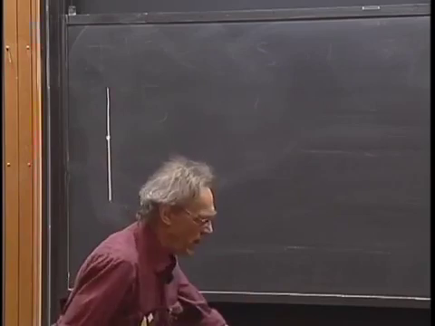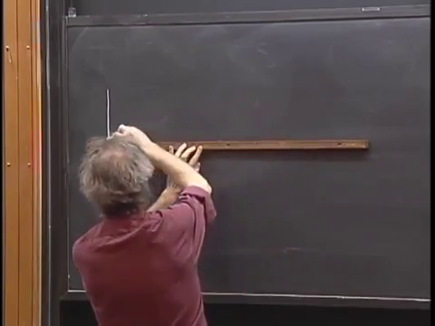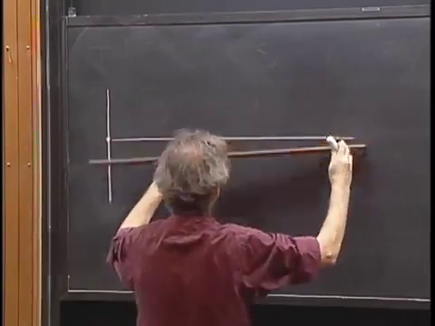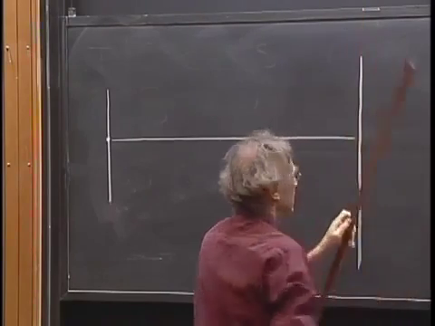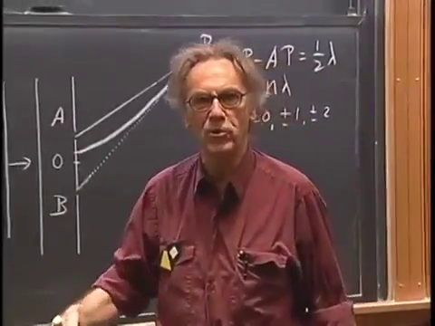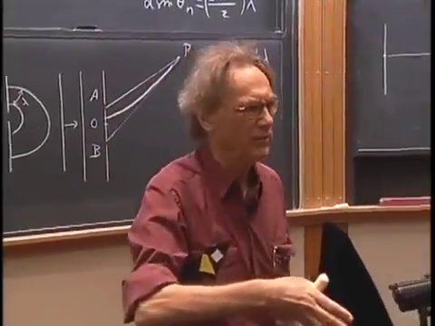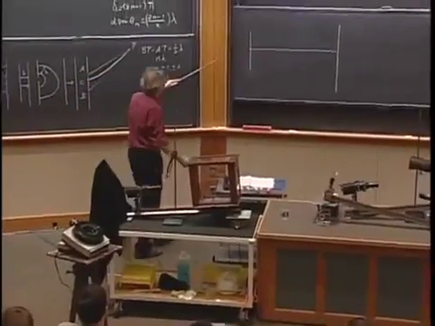So this is the point where the 2 openings are. And we are going to look on the screen, which is far away. So here is a screen, and we want to see how the constructive interference, that means light, shows up on the screen, and how the destructive interference, that means darkness, shows up on that screen. And so here are these 2 openings.